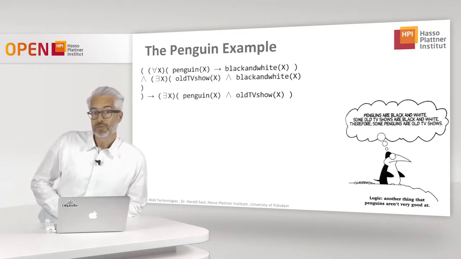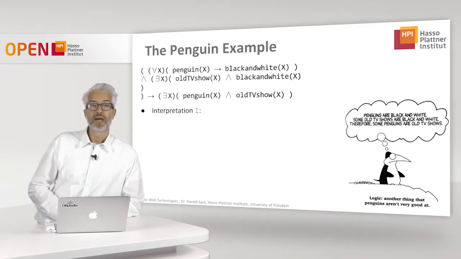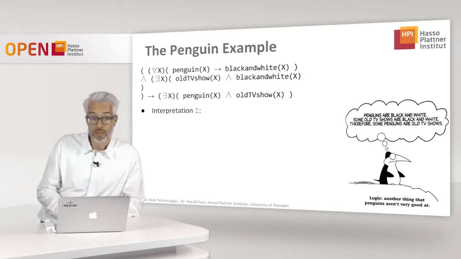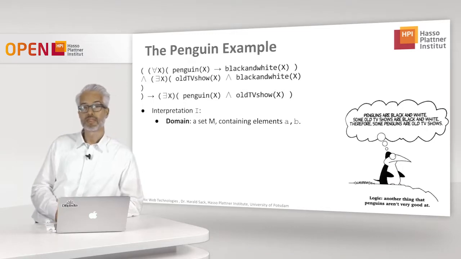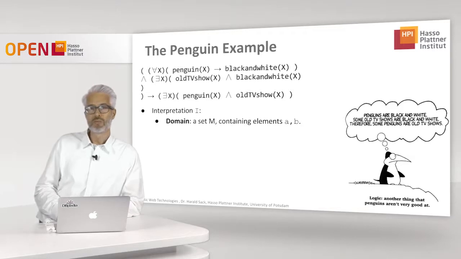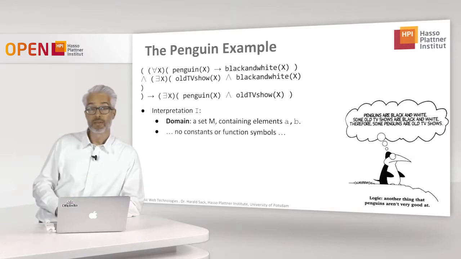To do this, of course, you can try to refute it. For that, we have to find an interpretation for which this assumption doesn't hold. So let's try it in the following way. First we set up a domain, and in our domain we have two individuals, two elements A and B. The nice thing here is that if you want to translate the first-order logic formula, we do not have to consider any constants. There are no constants, and there also are no function symbols in there.